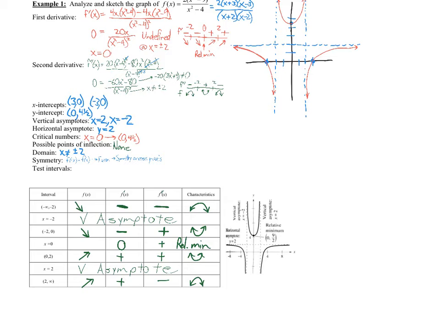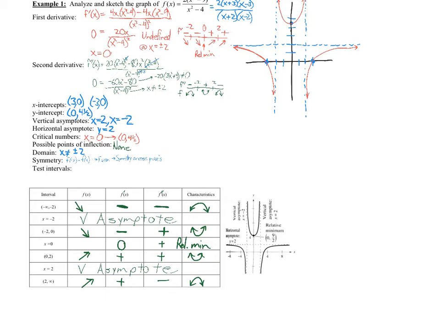That's a table you could make if it's helpful to interpret things. I personally usually use the sign diagrams, but some people like the tables. It's totally up to you.